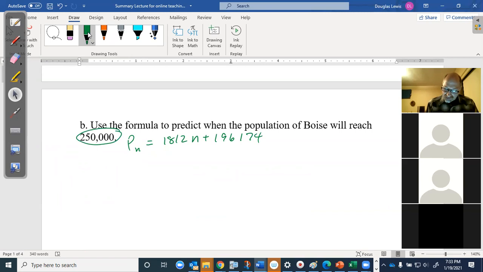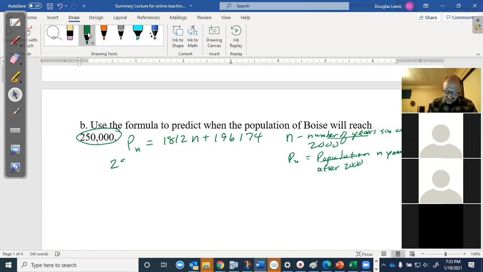Now, what does n tell you? n is the number of years since 2000, and P sub n is the population n years after 2000. Okay, so n is just the number of years and P sub n is the population. So the 250,000 will be in place of P sub n.